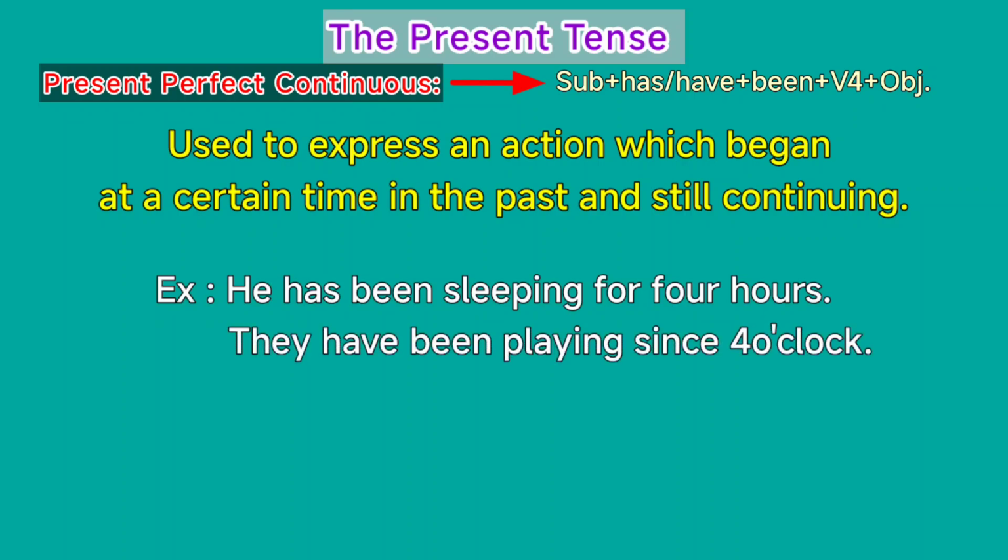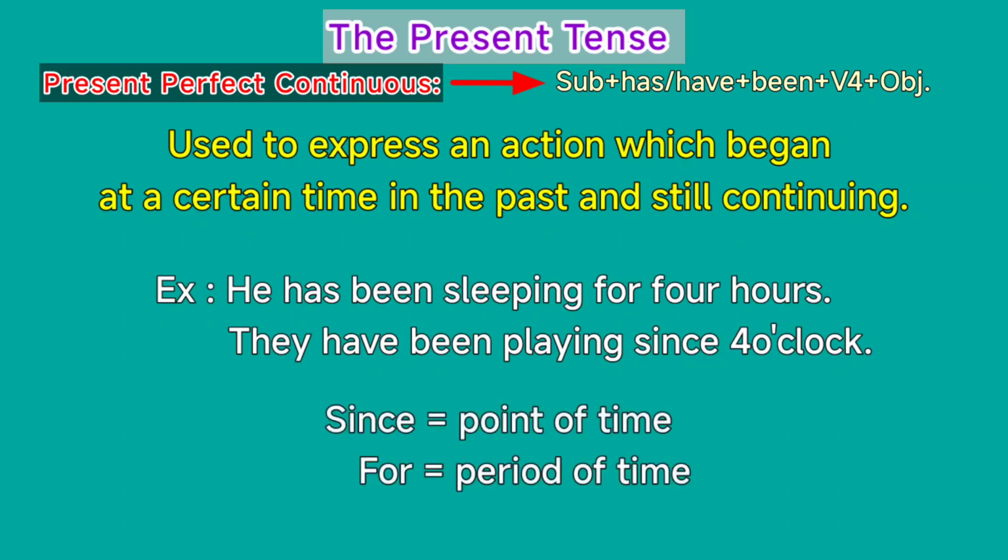He has been sleeping for 4 hours: 4 hours back he started sleeping, and of course still it's happening. They have been playing since 4 o'clock: at 4 o'clock they started playing, and of course they are still playing. Both the actions happened at a certain time in the past and still they are continuing at the time of speaking. So both are expressed in present perfect continuous tense.